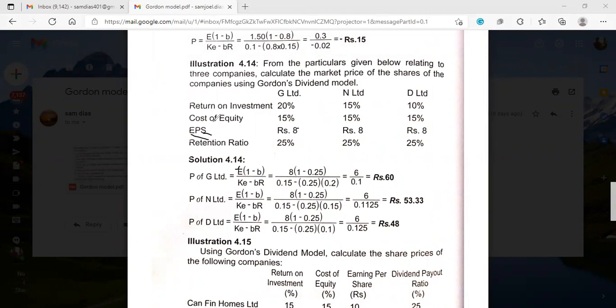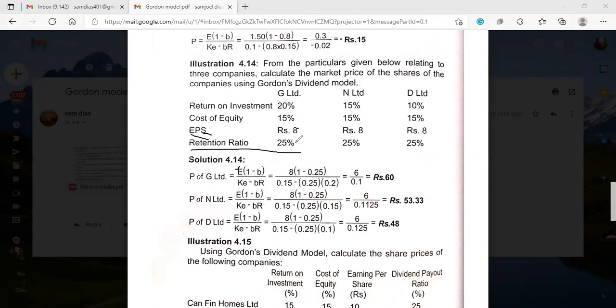The dividend payout ratio is not clearly given in the problem, so we have to identify it, and we can easily calculate the dividend payout ratio if we know the retention ratio. That means out of 100%, if 25% is retained in the firm, 75% would be the dividend payout ratio.